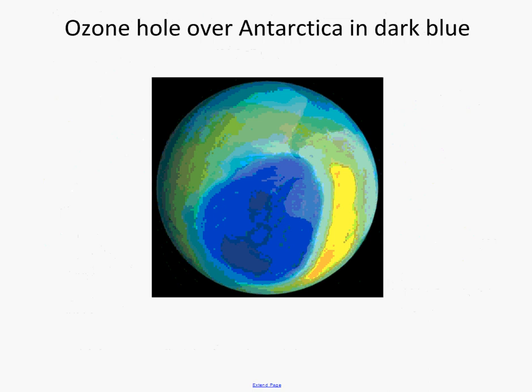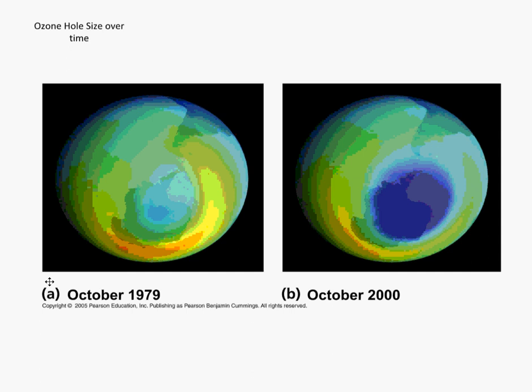And so this is a picture, 1979, no hole, 2000, big hole. But if you look, there's varying amounts of, not data, but other pictures, and so this varies from year to year. That isn't to say that there isn't a problem. Absolutely there is, but sometimes it can be exaggerated, and so you have to be careful with what you read, and obviously use wisdom and measure everything appropriately.